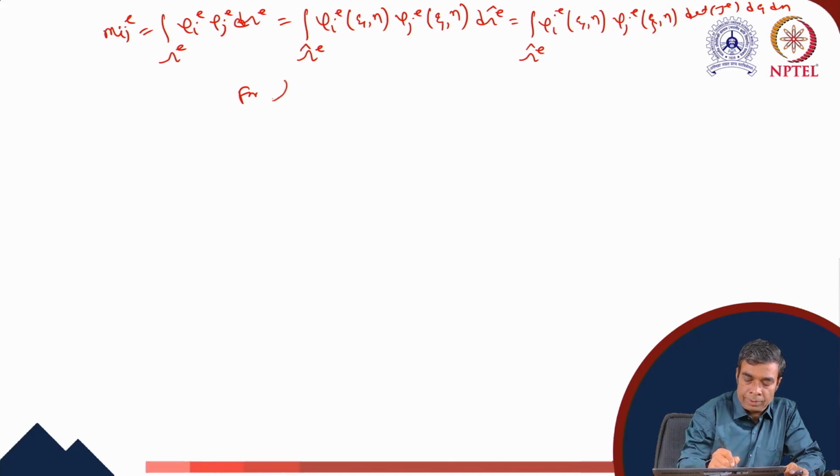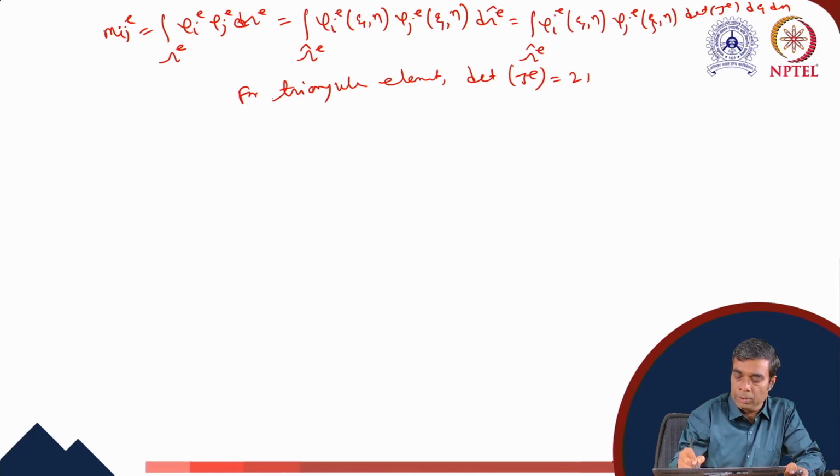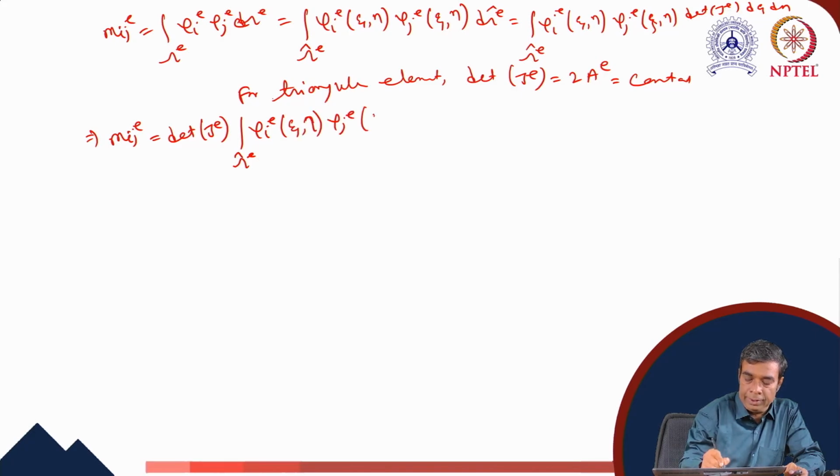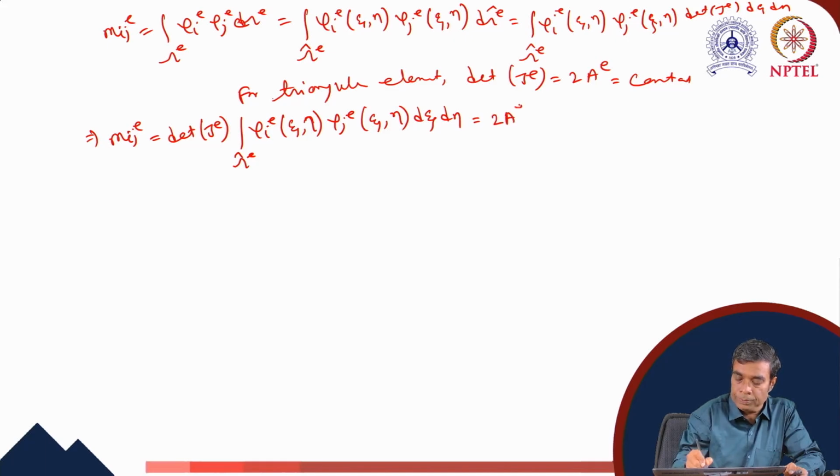For triangular elements, determinant of Je equals twice the area of the element, which is a constant. So this gives us Mij equals determinant of Je, integration over omega e cap of psi i xi eta psi j xi eta d xi d eta, equals 2 into area, integration from 0 to 1.